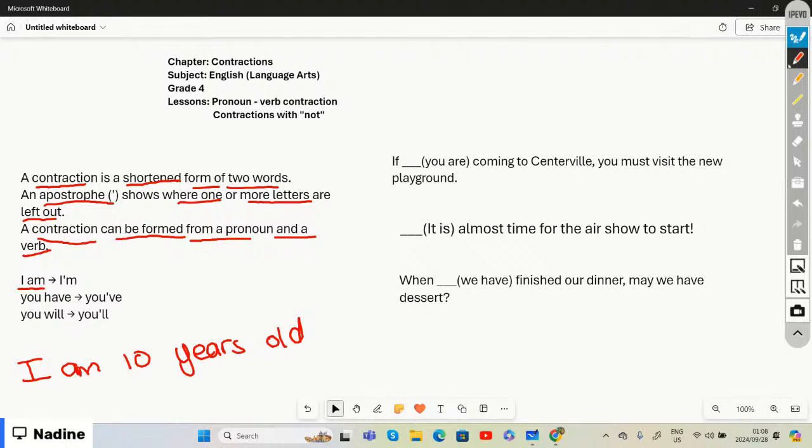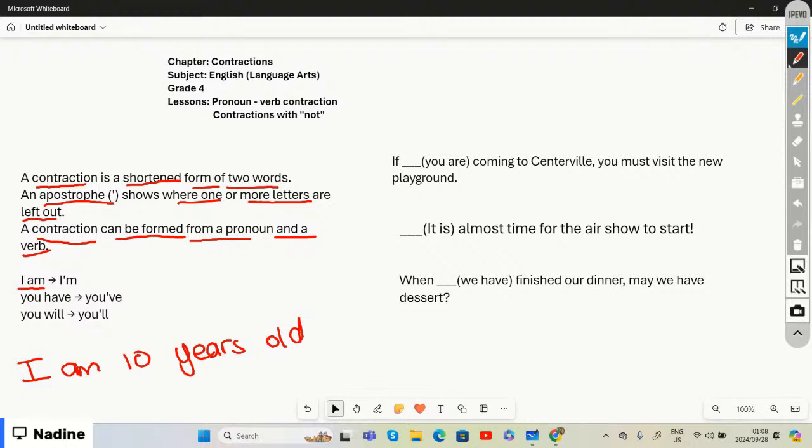But now, if we want to form a contraction, then we need to shorten the two words, add an apostrophe, and leave out one or two or more letters. And that is basically how we're going to form contractions using the pronoun as well as the verb.